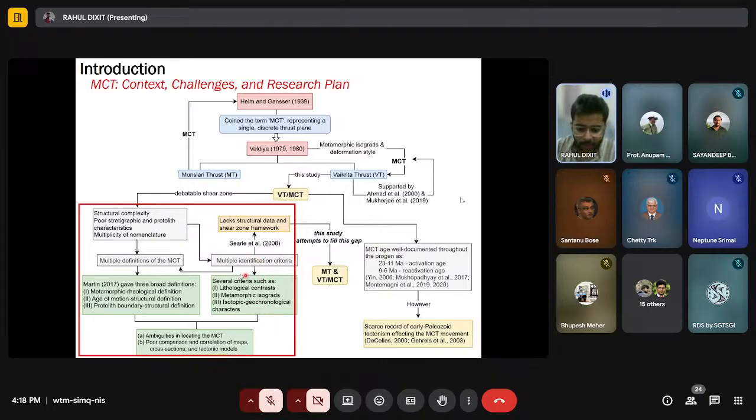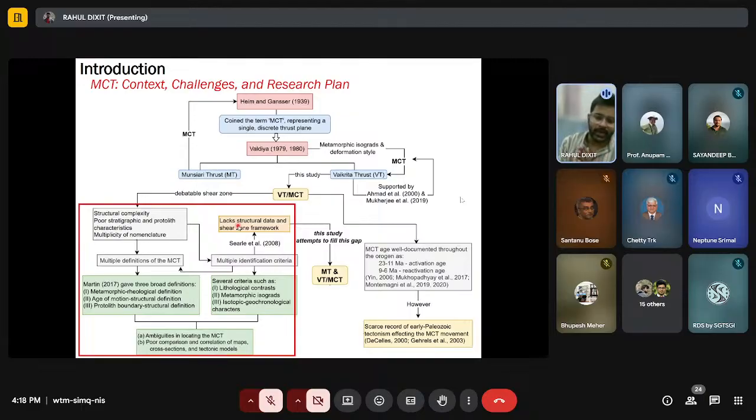But Searle and others 2008 argue that many of these criteria lack the detailed structural data that is basically required to identify any fault or shear zone in the field.